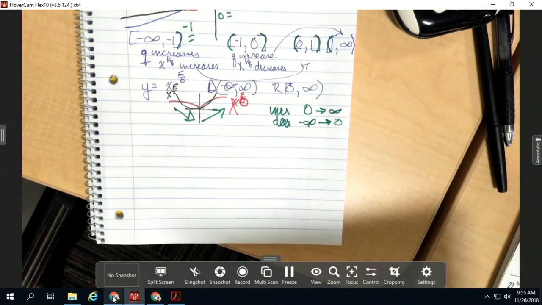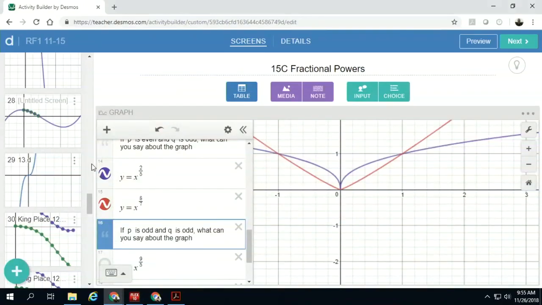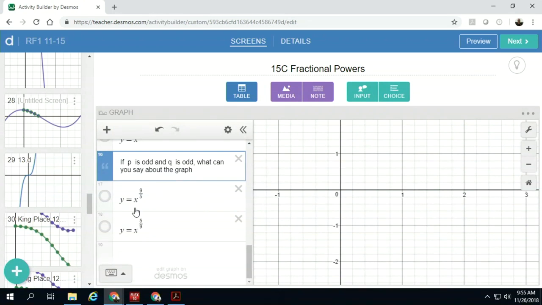Second one. If P is odd and Q is odd. Okay, so I have 9 over 5, 5 over 9. Y equals x to the odd over odd. I'm going to sketch my graph. If the bigger number is on top, it's going to curve up.